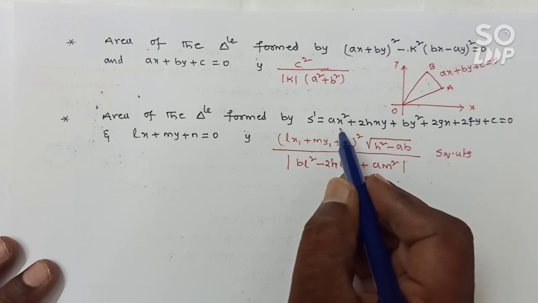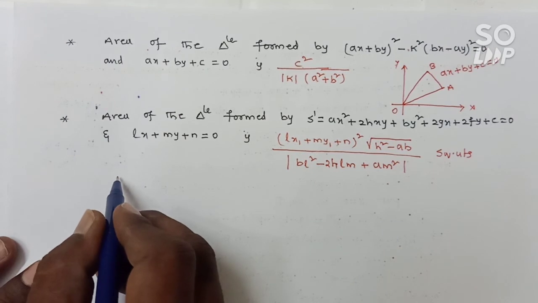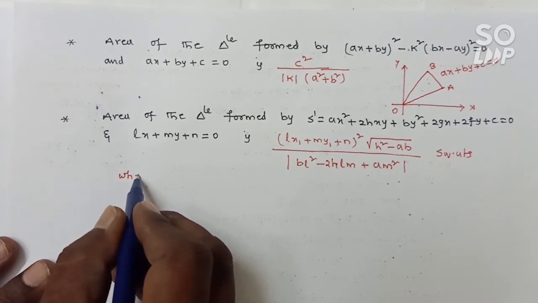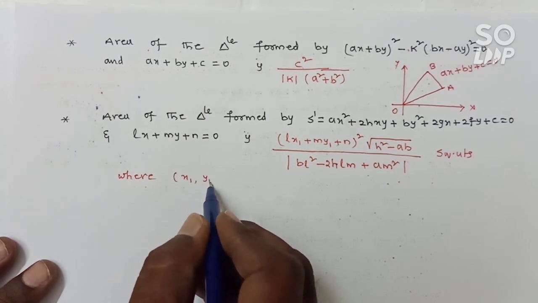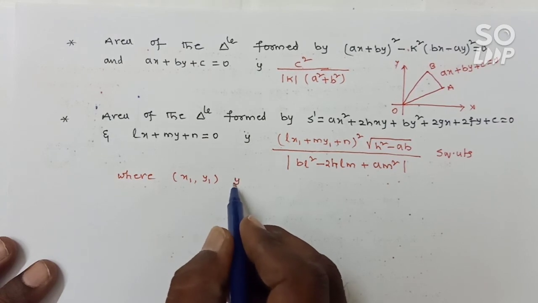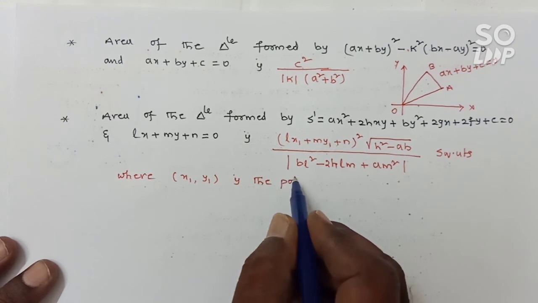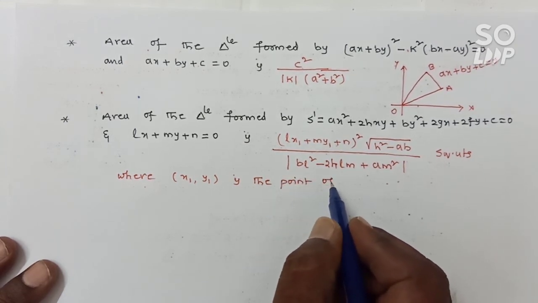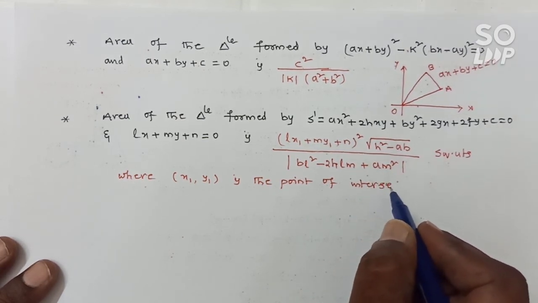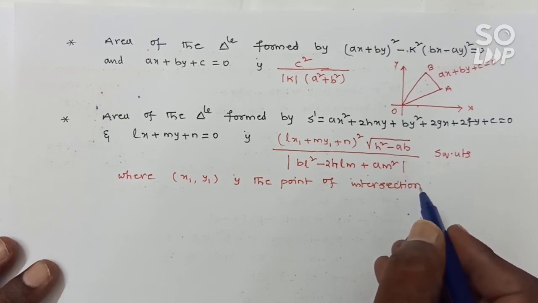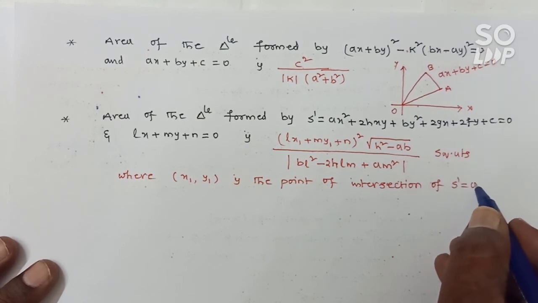That is the point of intersection of the lines represented by s dash is equal to 0. Now here I am mentioning that x1 comma y1 is the point of intersection of s dash is equal to 0.